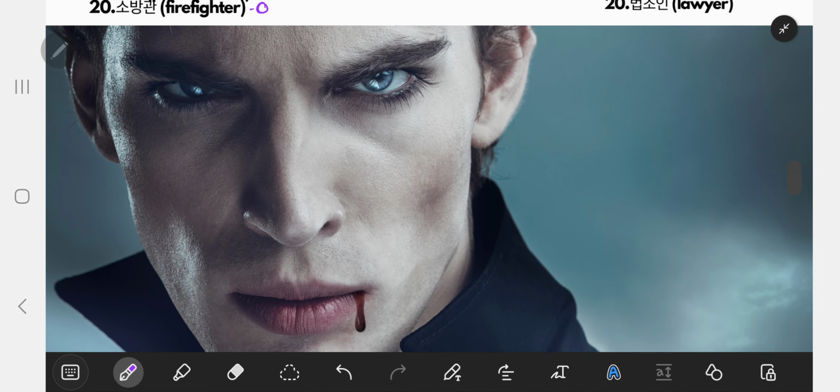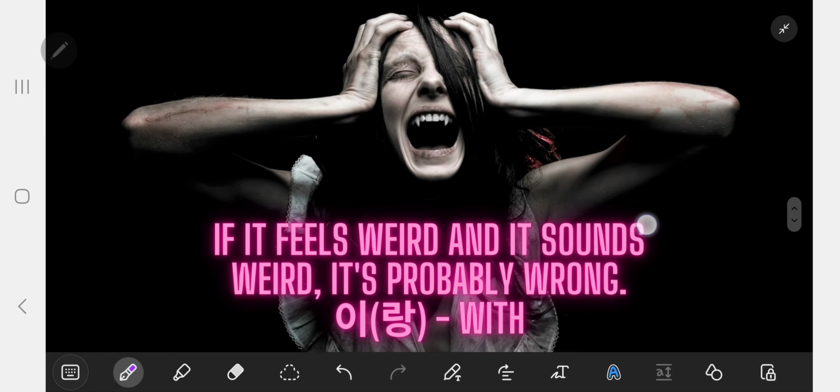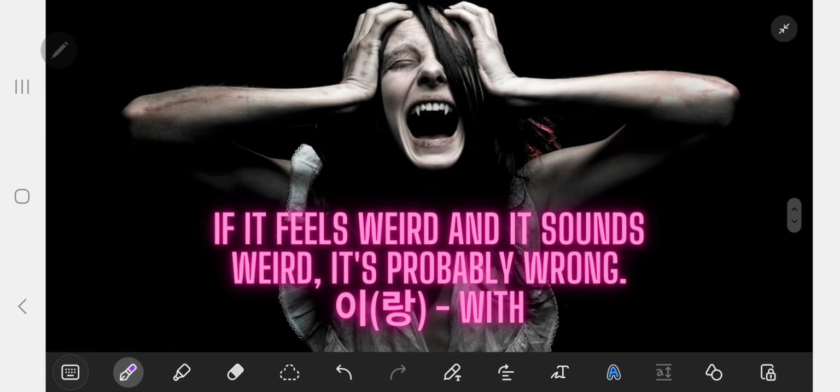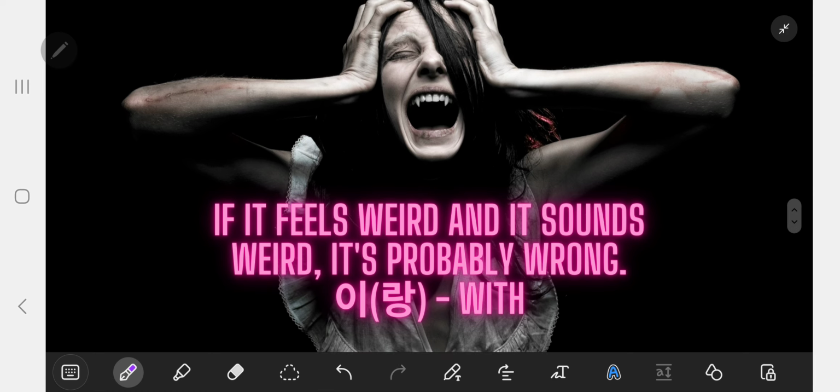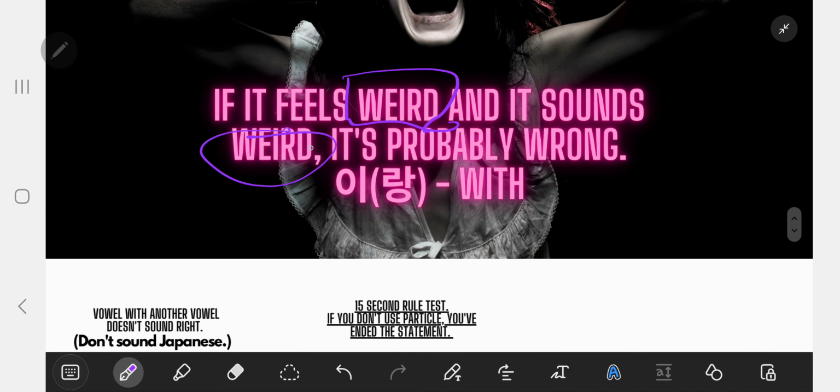At least if he has diamond skin, maybe he can give you a very big diamond ring, but you don't want to do that. Now you're a vampire, okay? Now you have to live with this dude, and you have to cook deer for the rest of your life. Or maybe if you can't fend off your hunger, then maybe you'll have to feed on humans. So if it feels weird, just like this man who you met on the first date, and it sounds weird, it's probably wrong. That's what you use with 이랑.